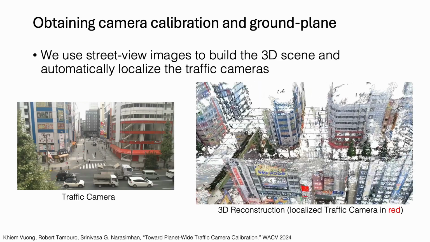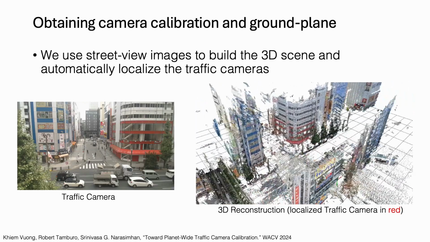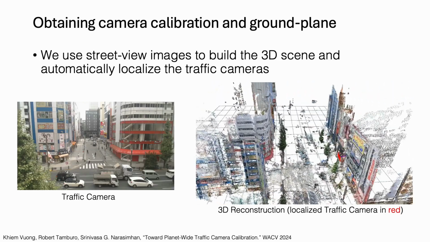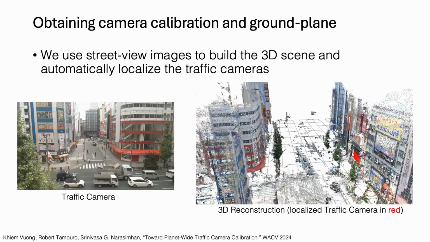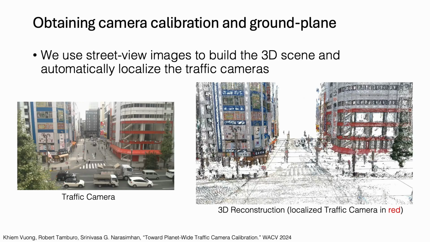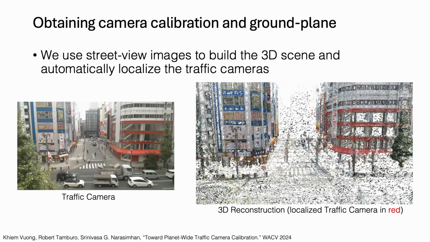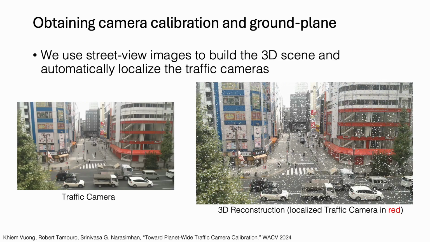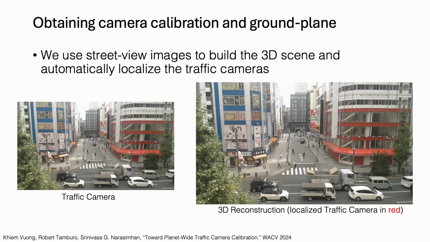Here, we show the point cloud, the ground plane, with the camera visualized in red. The render image from the point cloud also aligns very well with the actual image, showing the accuracy of our localization method. For more details, please refer to our paper.